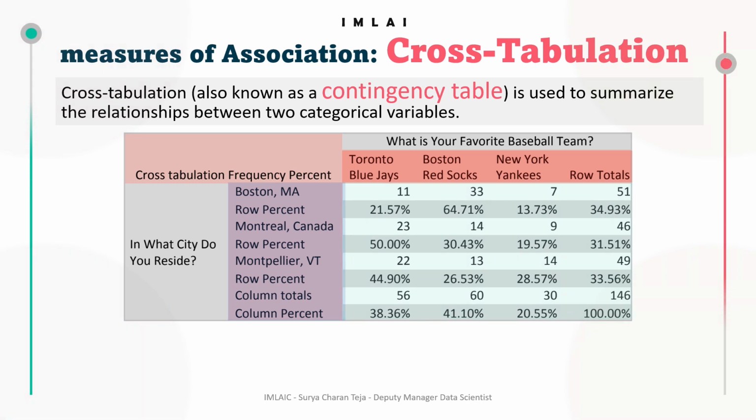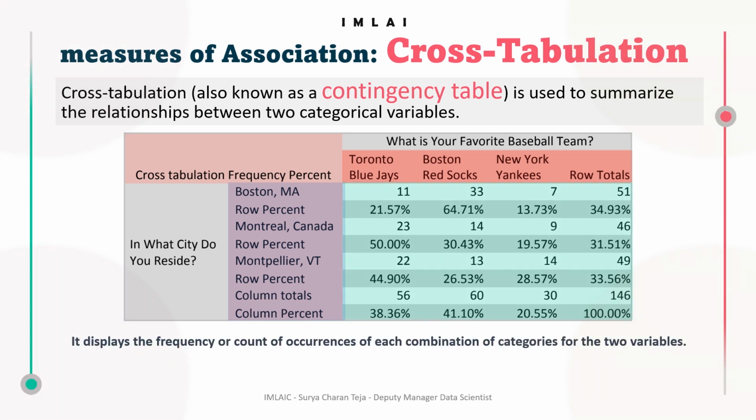So with this, we can say that cross tabulation displays the frequency or count of occurrences of each combination of categories for the two variables. Again, I'm repeating, it displays the frequency or count of occurrences of each combination of categories for two variables.